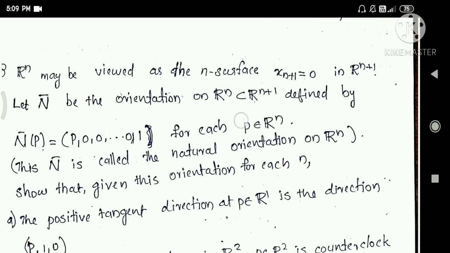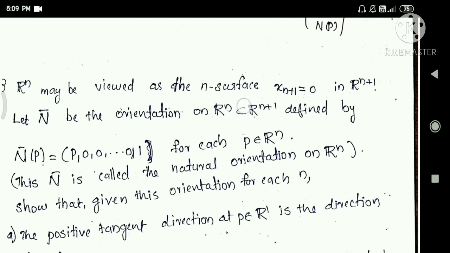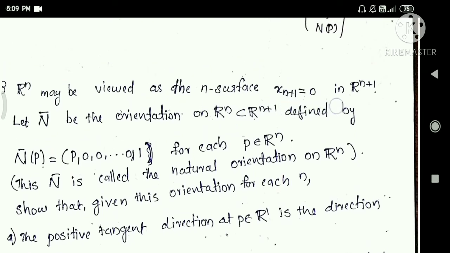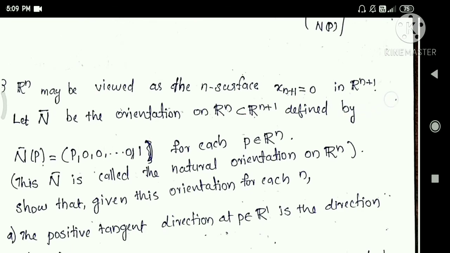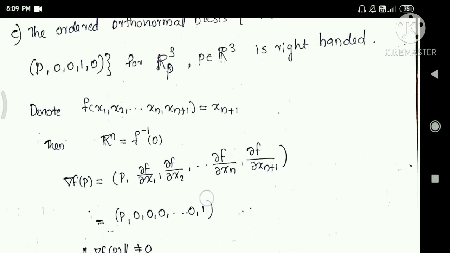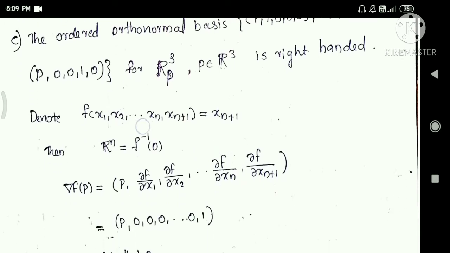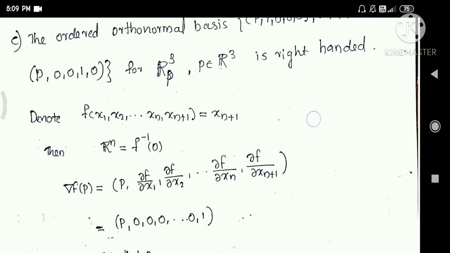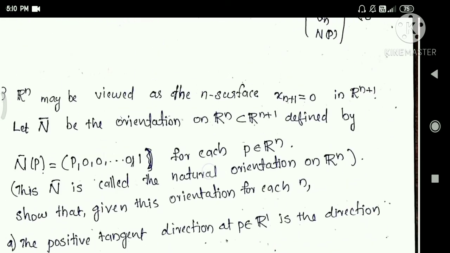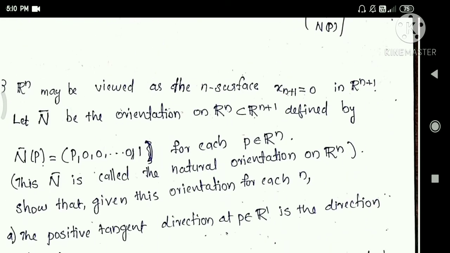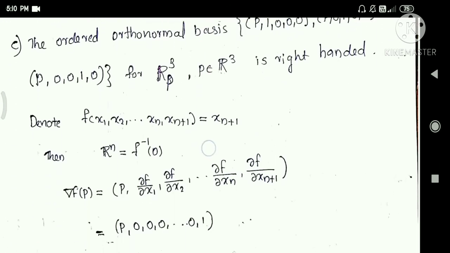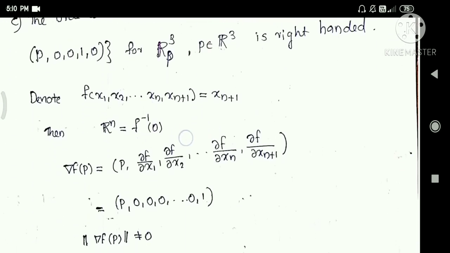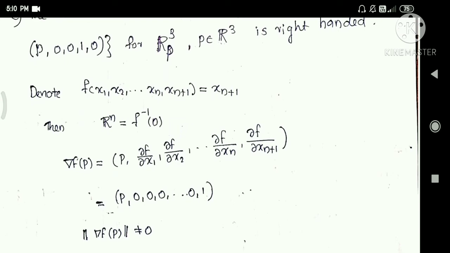Here Rn is the n-surface xn plus 1 equal to 0 in Rn plus 1. Consider the function f of x1, x2, etc., xn plus 1 equal to xn plus 1, which is defined on Rn plus 1. Then this n-surface Rn is equal to f inverse of 0.